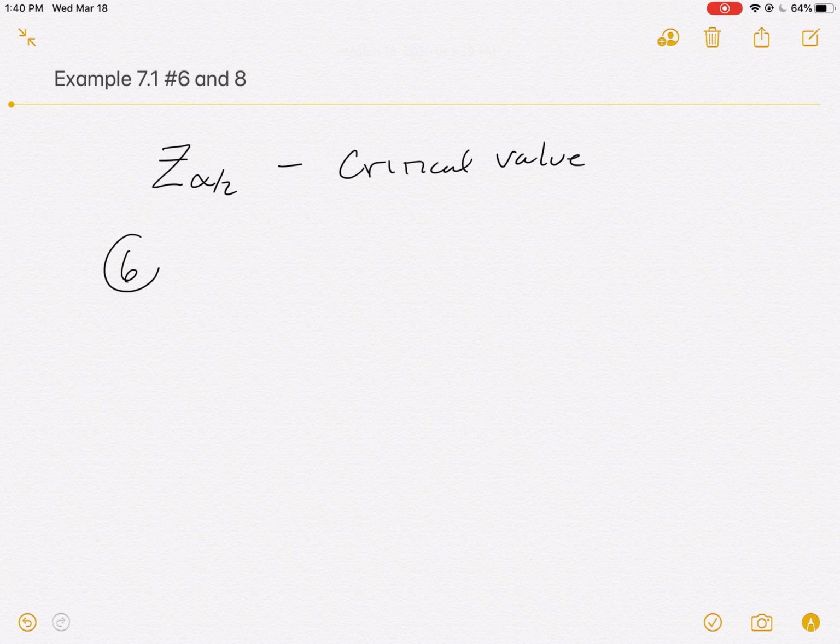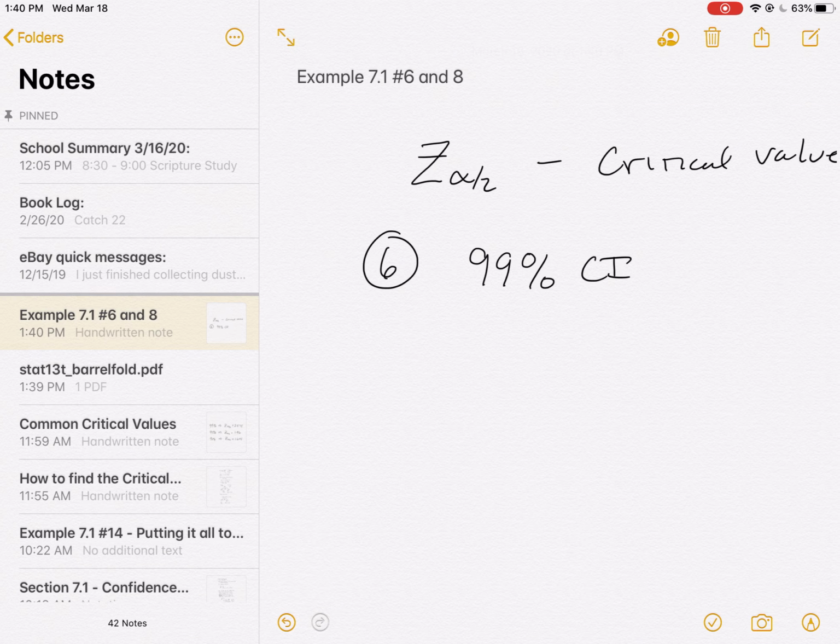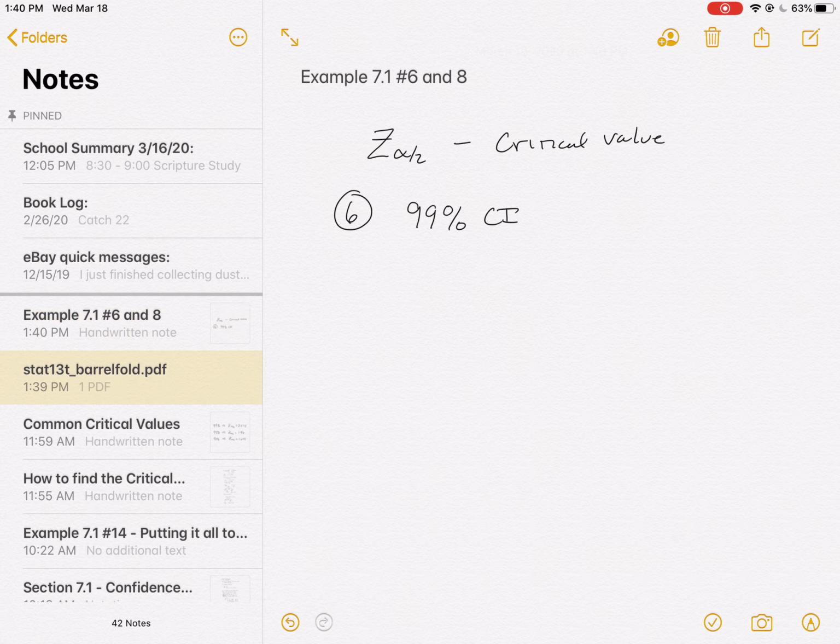Ironically, number 6 is asking us to do a 99% confidence interval. Right? So they want us to find the critical value associated with 99% confidence. Well, we've done that in the past two videos, but let's show it one more time.